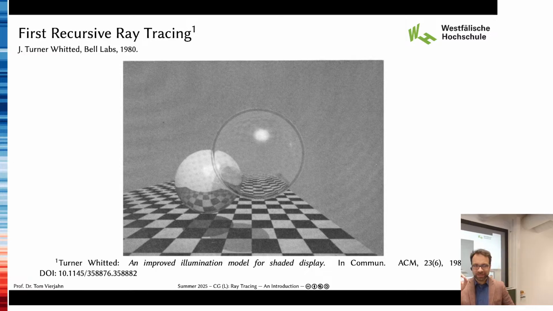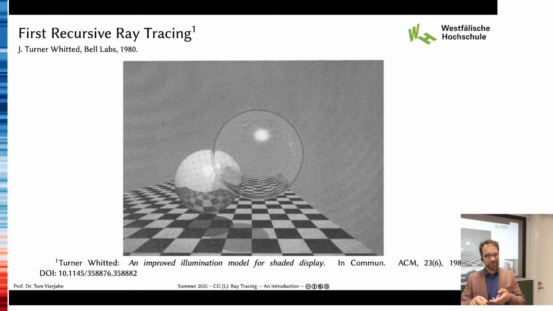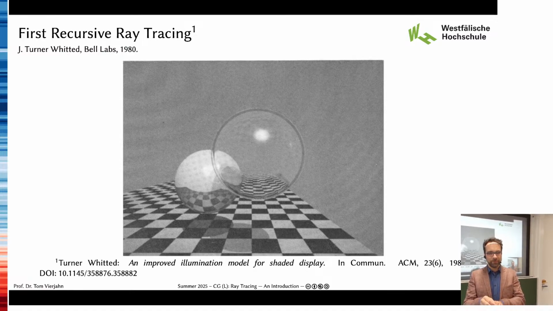If the object is reflective, you can bounce that ray off the object in the direction of the reflection and see what is being reflected by tracing another ray. And then tracing another ray if you have more reflective surfaces, or if you don't have reflection or transmission, you just do the Arthur Appel way, go from the light sources and see if there is shadow. And you have everything in here.